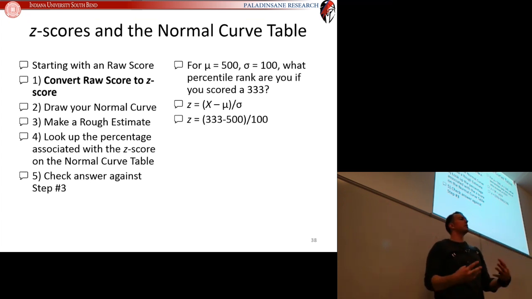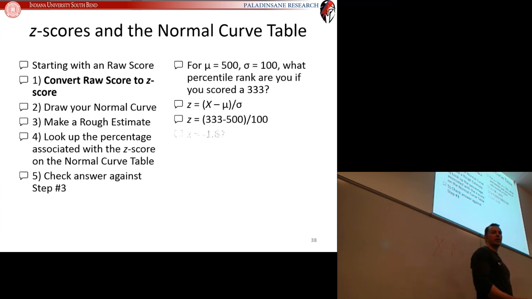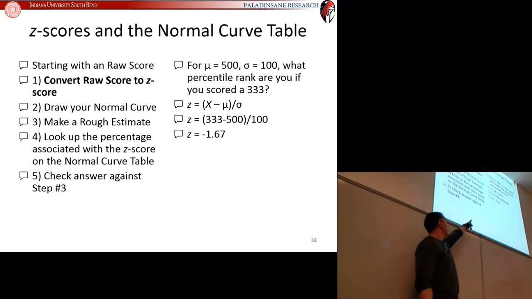Do that difference, divide that by 100, and we get a z-score of minus 1.67. So notice we're dealing with a negative z-score. So this individual scored lower than the mean. That's one of the things the z-score lets us know. But importantly, we need to calculate that z-score. You cannot access the normal table without it.